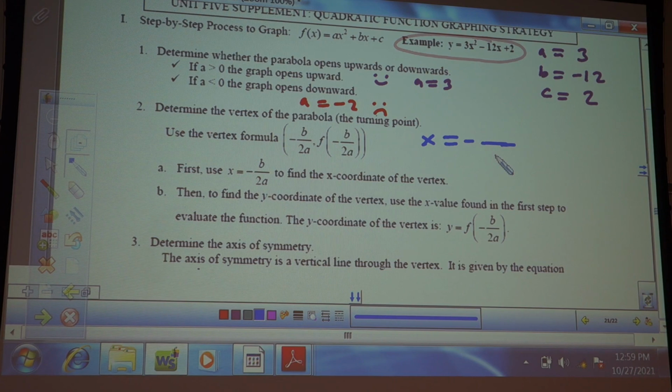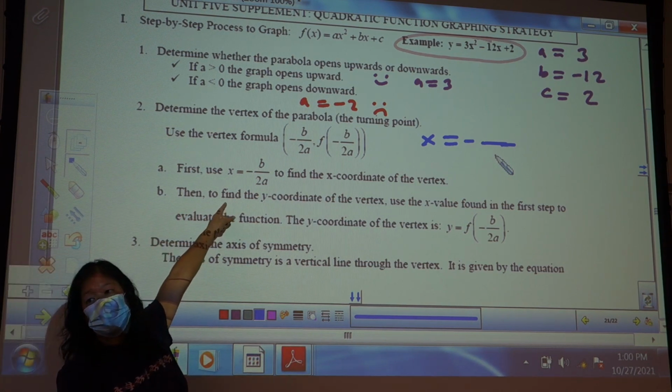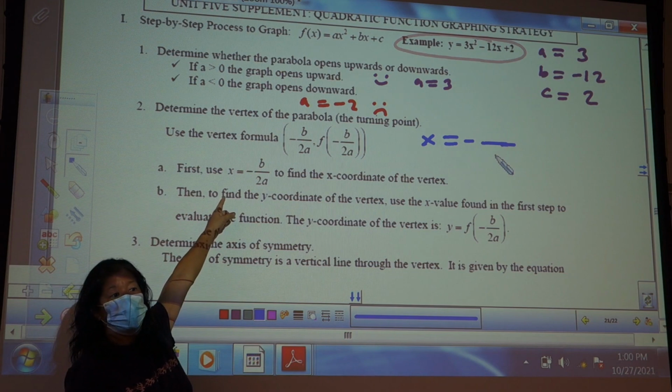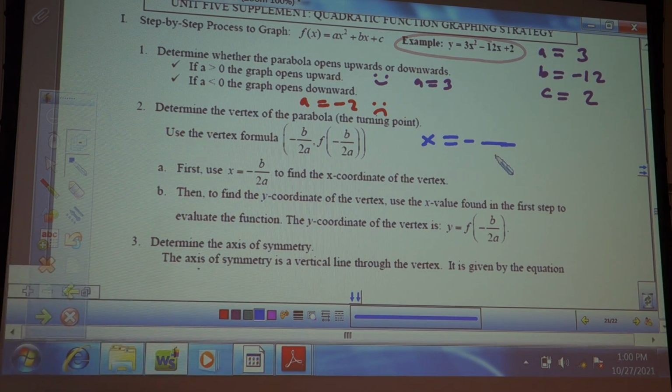Well, your A is 2, right? A is negative. Oh, yeah. What's A? Perfect. What does X equal? That's the X at the vertex.